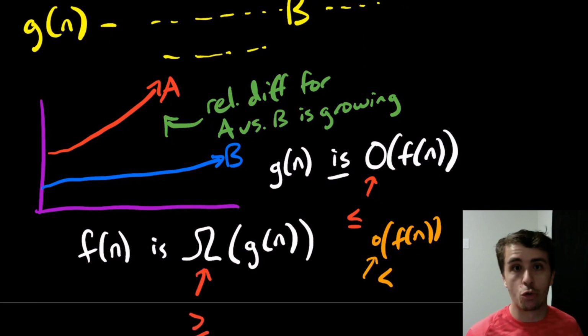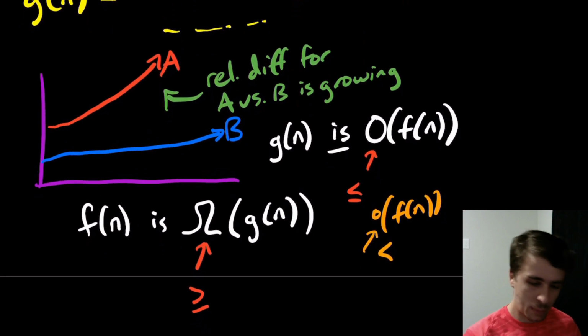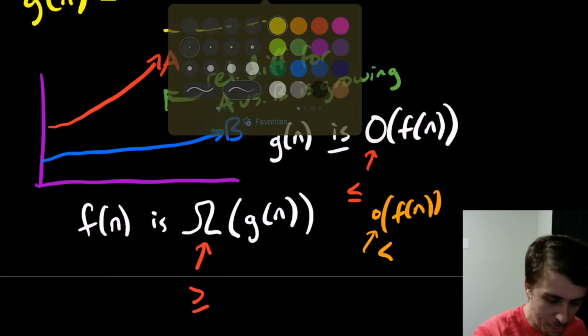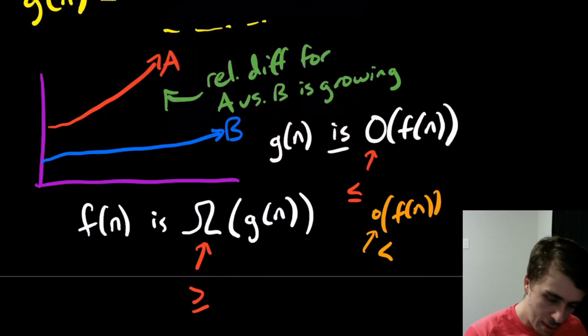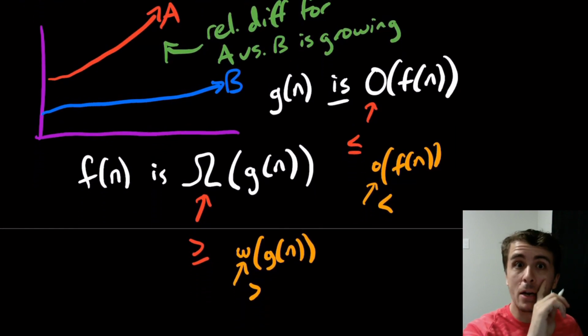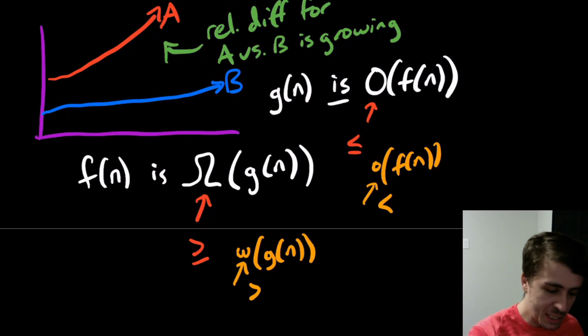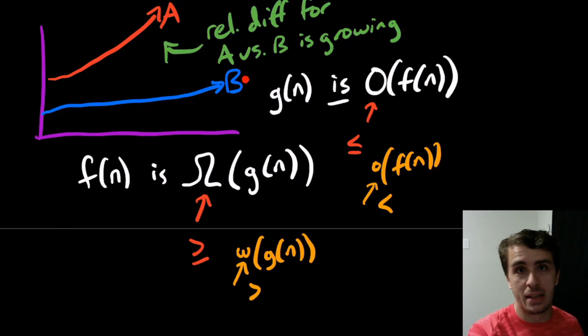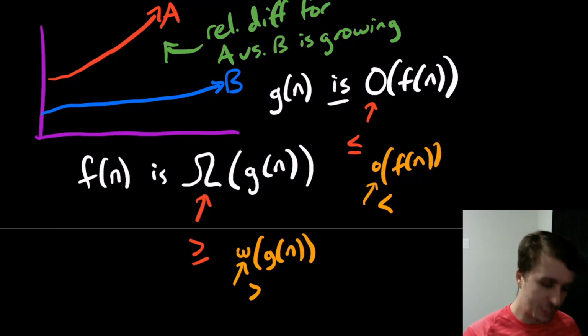It's greater than or equal to. And just like before, if you want a strict inequality, then you use little omega of g of n, and that means strictly bigger than. Because we can see here that f of n, which is this plot for A, is strictly bigger than this one, in this particular case.